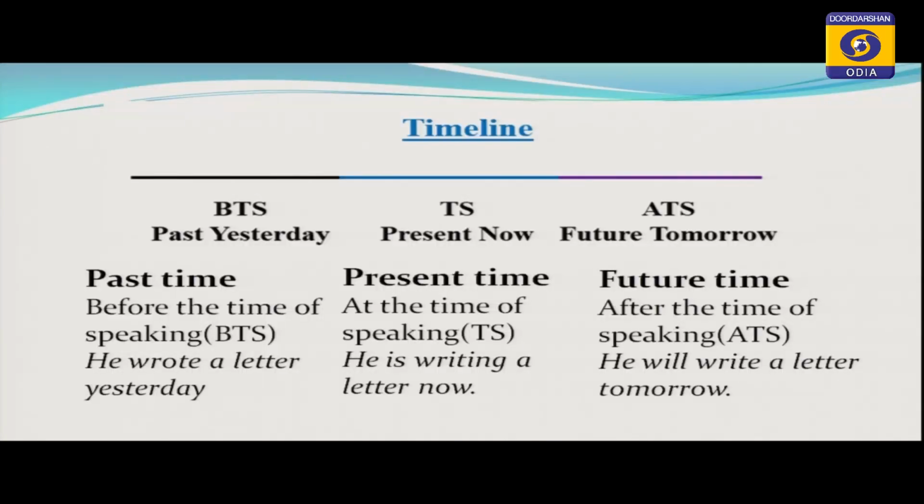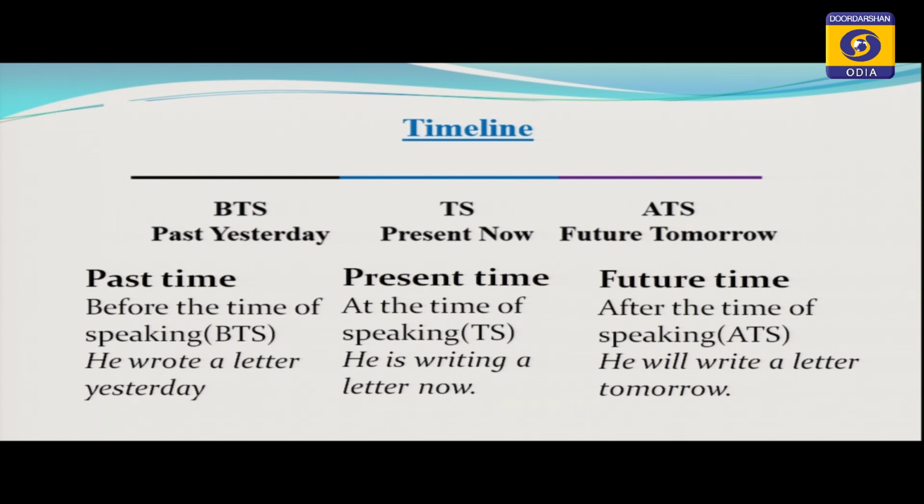Now, I will give you a timeline and you will know how this particular time is represented in three ways. Now, before you there is a timeline. In the middle you find the time of speaking, when I am speaking to you, the present time, that is now.